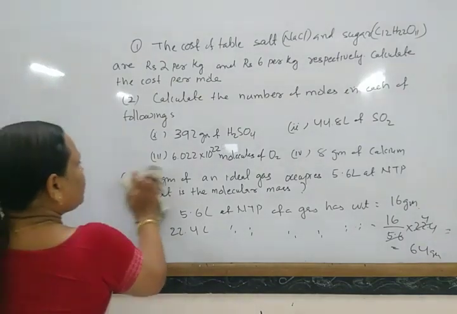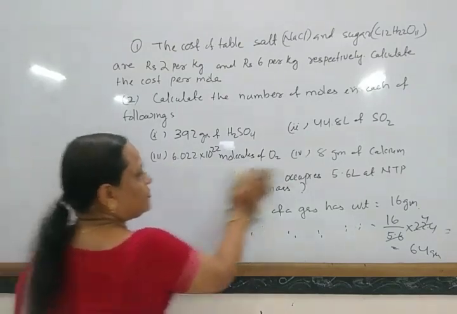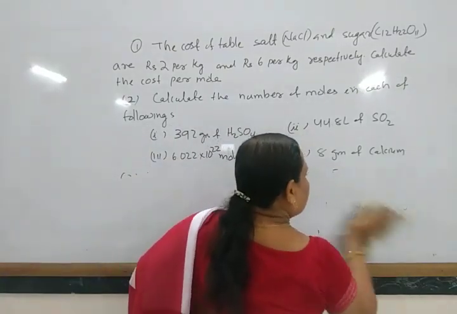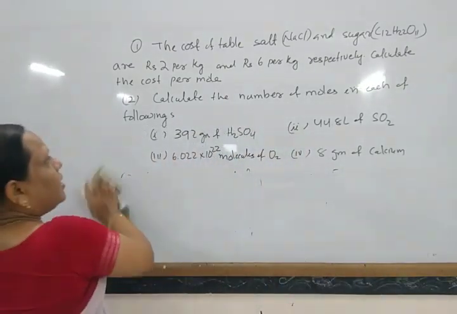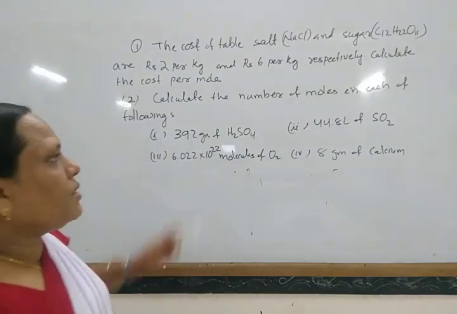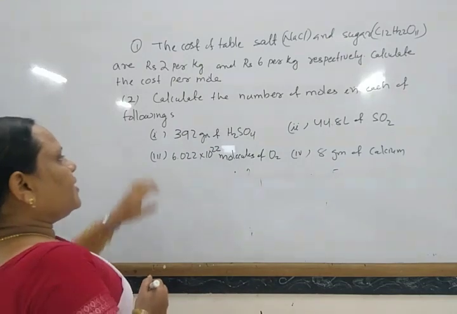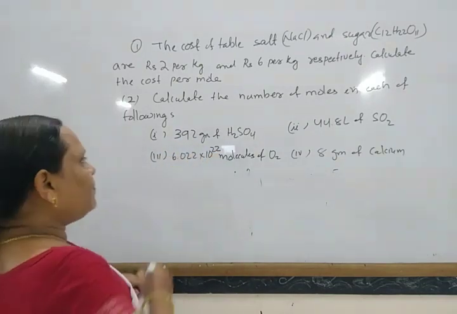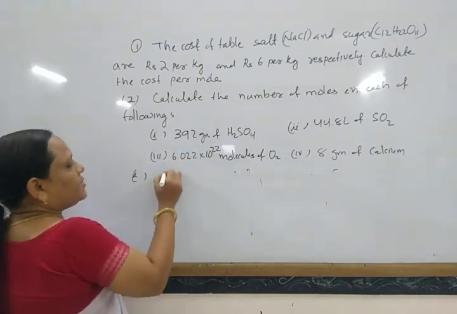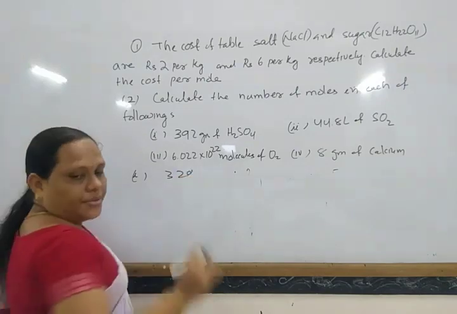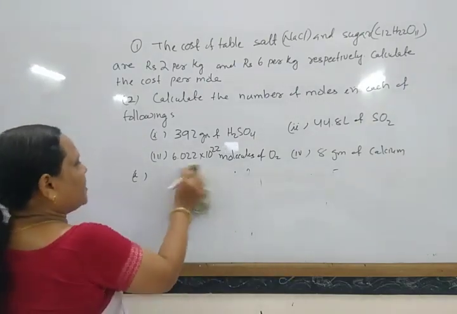Next come to question number 2. Calculate the number of moles in each of the following. Given 392 gram of sulfuric acid.